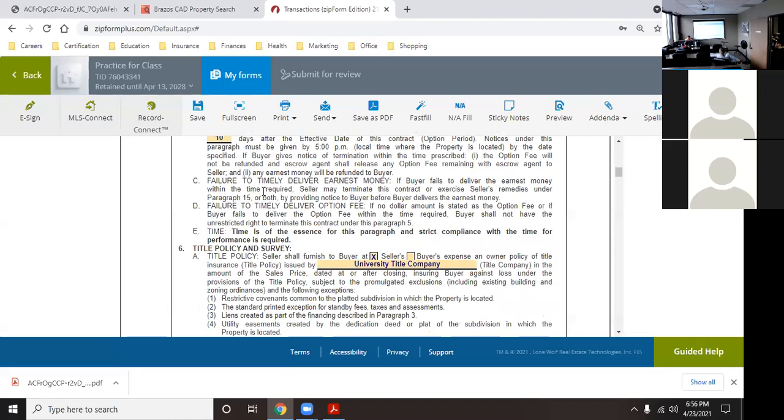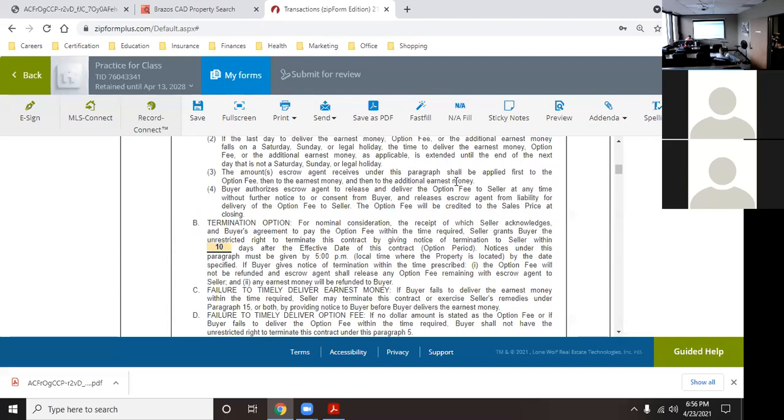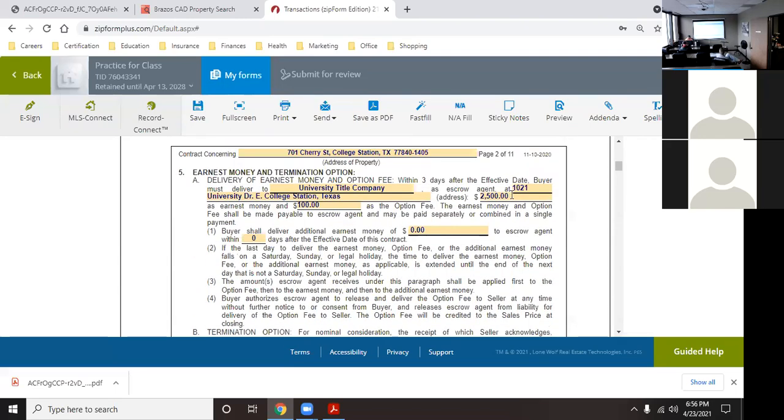And that's where you will find this: failure to deliver earnest money. If the buyer fails to deliver earnest money within the time required, the seller may terminate this contract or exercise seller's remedies under paragraph 15, or both, by providing notice to buyer. This is very key. If your client doesn't send the full amount of both, and only sends enough for earnest, it will cover option first and then earnest.